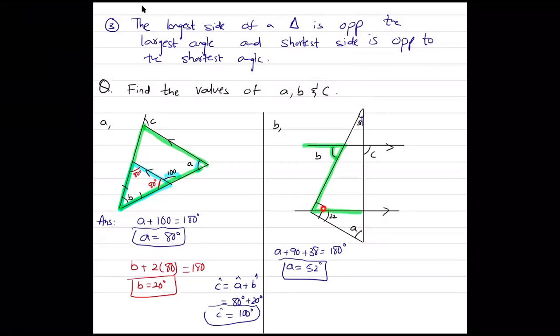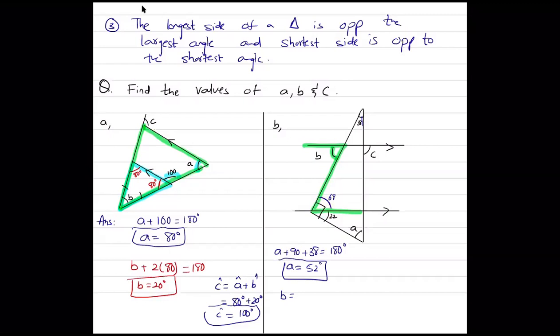If the entire angle was 90 and this is 22, what is going to be the remaining angle? 90 take away 22, right? So if the total is 90 and this small angle is 22, it will be 68.